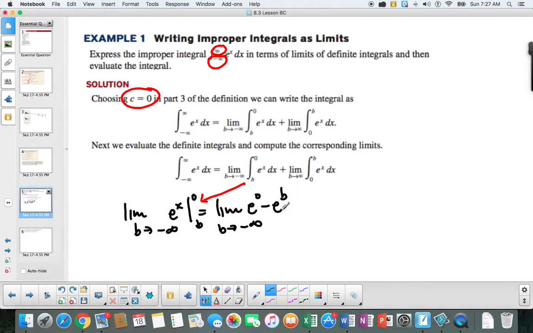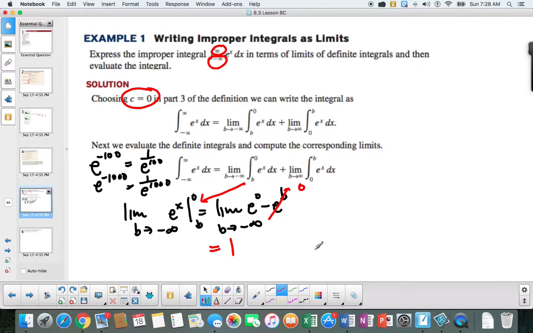Now b is approaching a negative number, so it's approaching numbers like e to the negative 100, e to the negative 1000, and all of these are really very small fractions, numbers that are getting close to 0. So we can say that this is going to 0, and then the answer will be equal to 1. So this portion of the improper integral has a limit, therefore it converges.